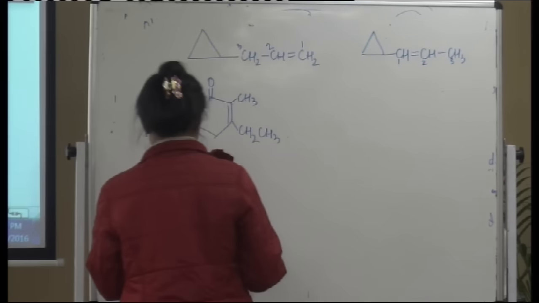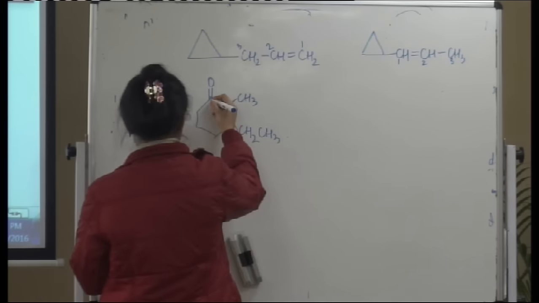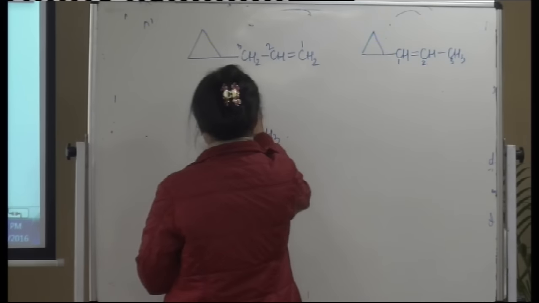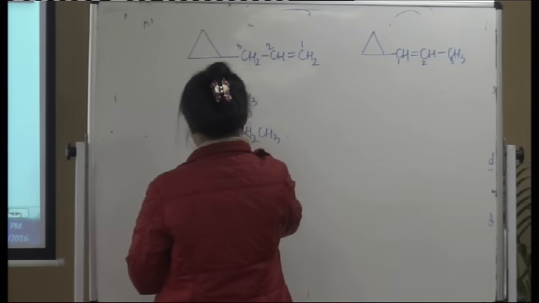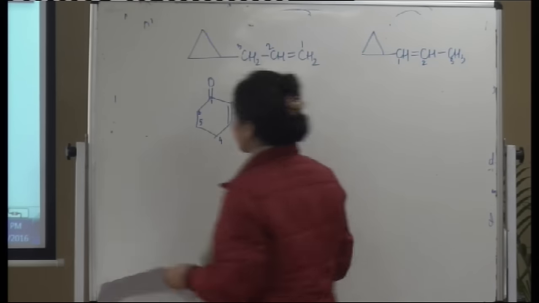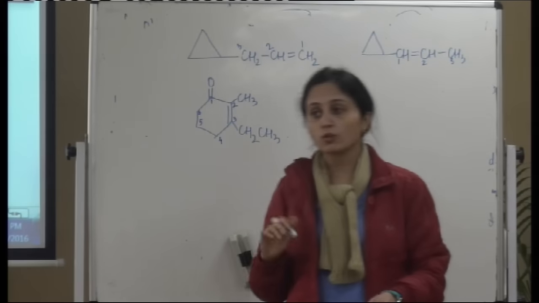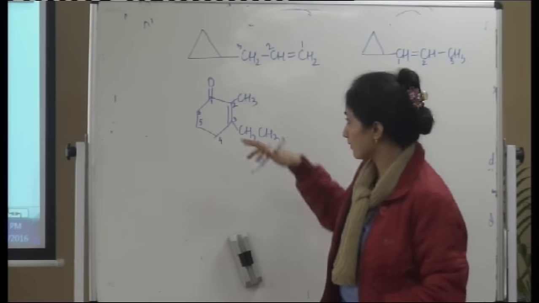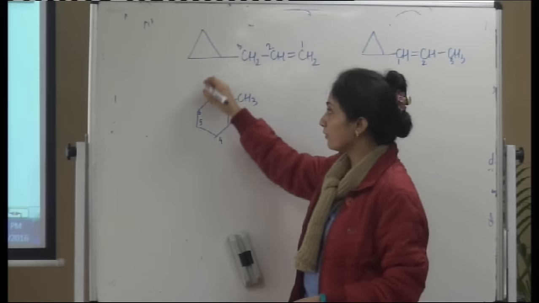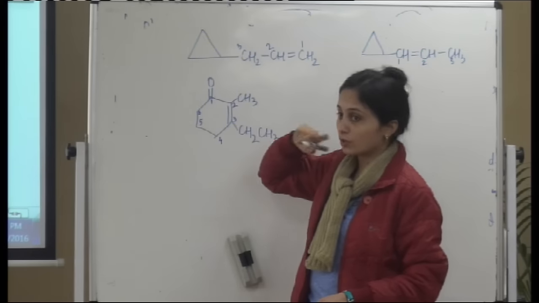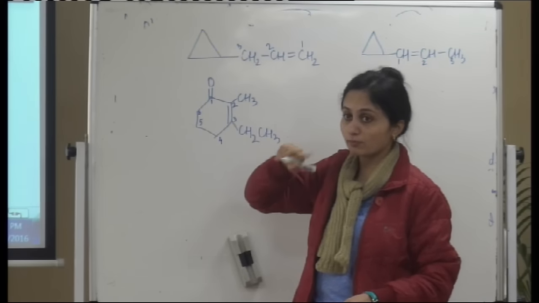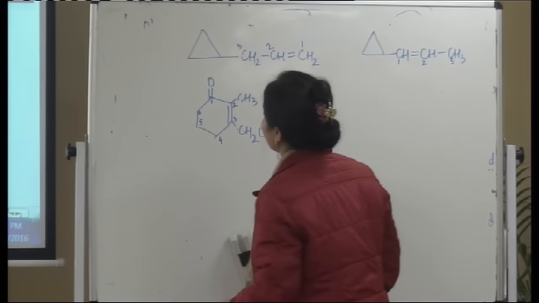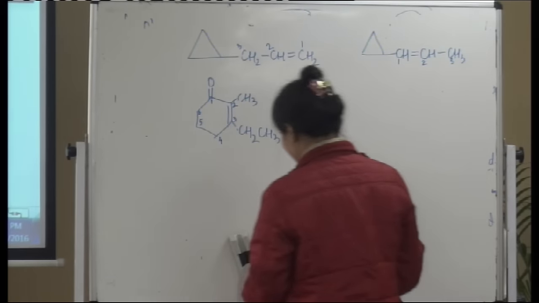Okay, now for the next one. The next one has a double bond O also, a keto group attached. So you have 1, 2, 3, 4, 5 and 6. The numbering should be in such a fashion that all your functional groups get the lowest number. Your side chain should too, so that is why we are moving from the right. Your main functional group is the ketone group, so the suffix will be -one in this case, alright, and then you have 2 side chains here.